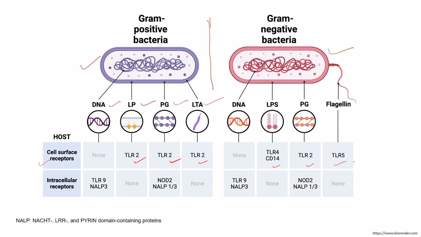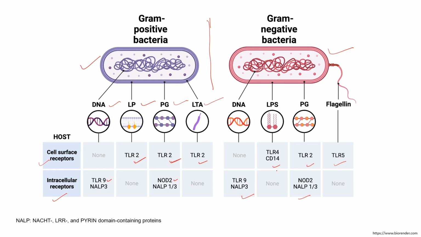So, we are just trying to highlight and recapitulate the discussion which we have done with respect to the TLR and nod-like receptor, and then we have the intracellular receptors such as CpG specific DNA molecules can be identified by TLR9. Nod-like 2 receptor can identify the peptidoglycan, then again the same goes here in gram-negative bacteria as well.